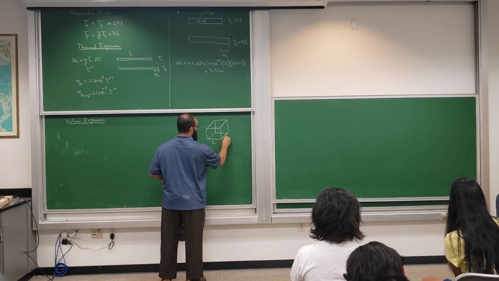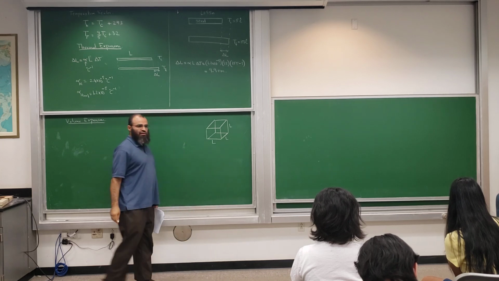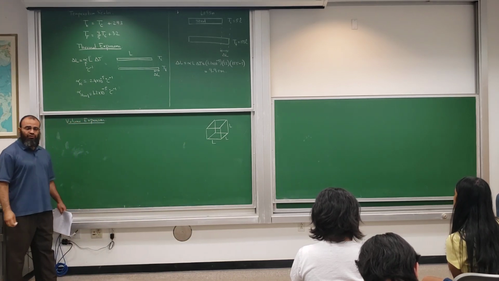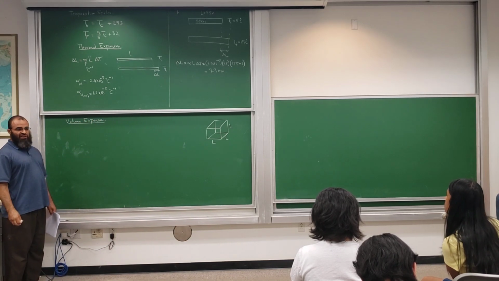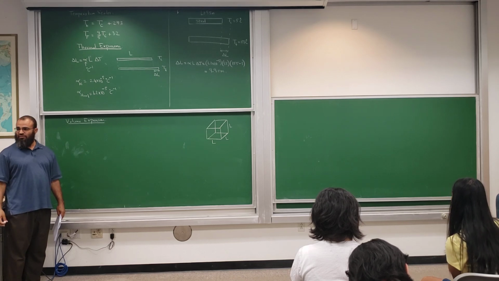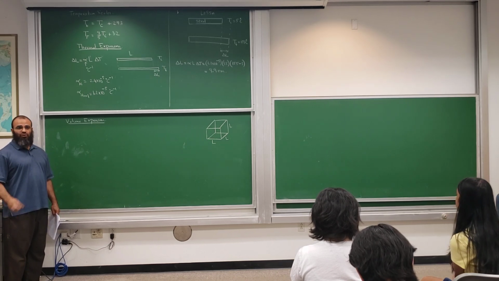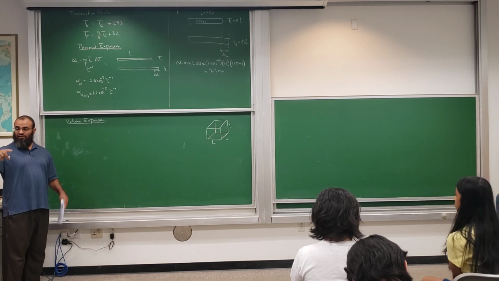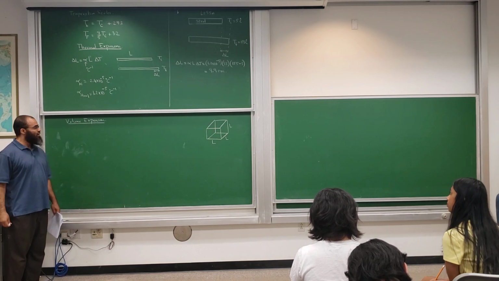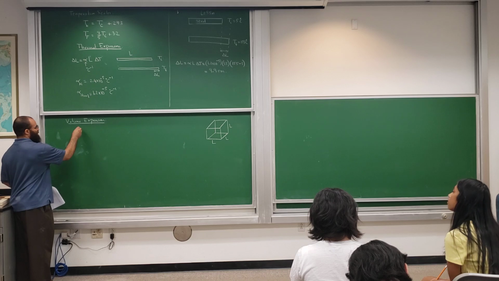It's L this way, L this way, and L this way. So when you heat it, it's going to expand. It will expand in all directions by a little bit, right? By a delta L in each direction. So the new volume would be L plus delta L cubed, right? So we'll worry about that in a second.